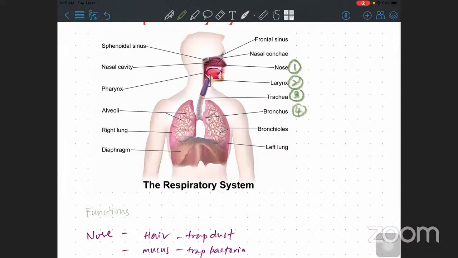Later, the small branches, which are called bronchioles. And lastly we come to the alveoli, which are at the end of the bronchioles. We have the right lung and the left lung, and then the diaphragm. So these are all the parts of the respiratory system. Then we should go one by one with the function.